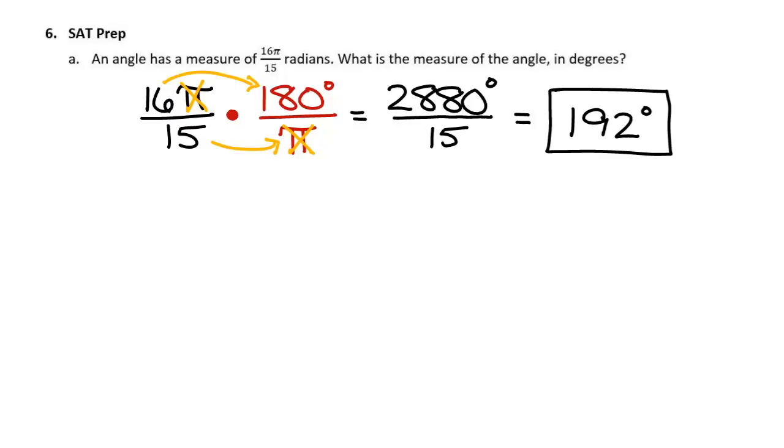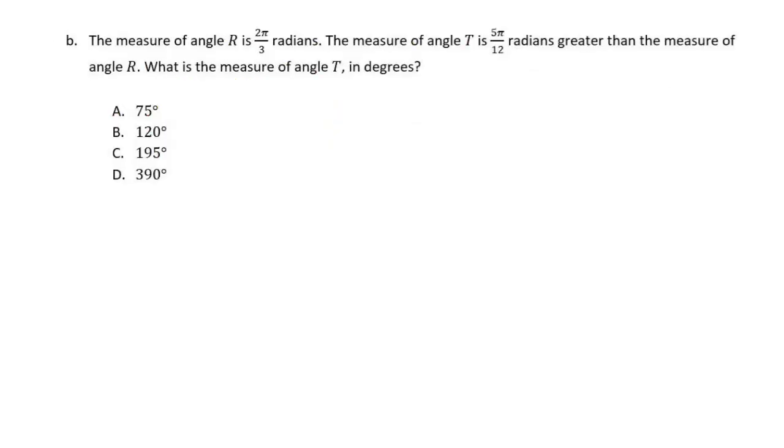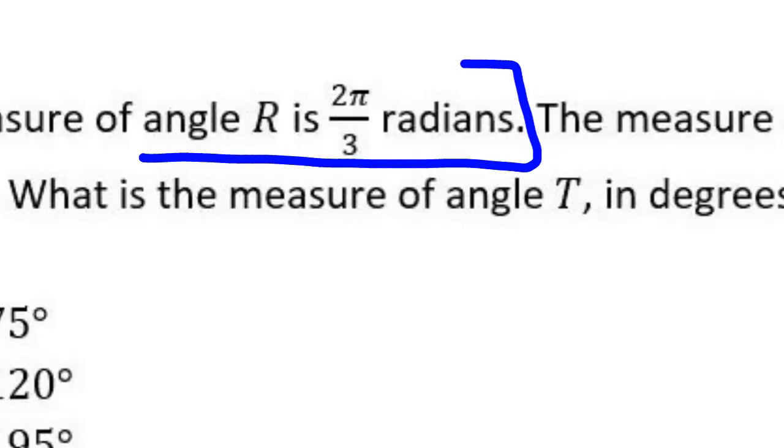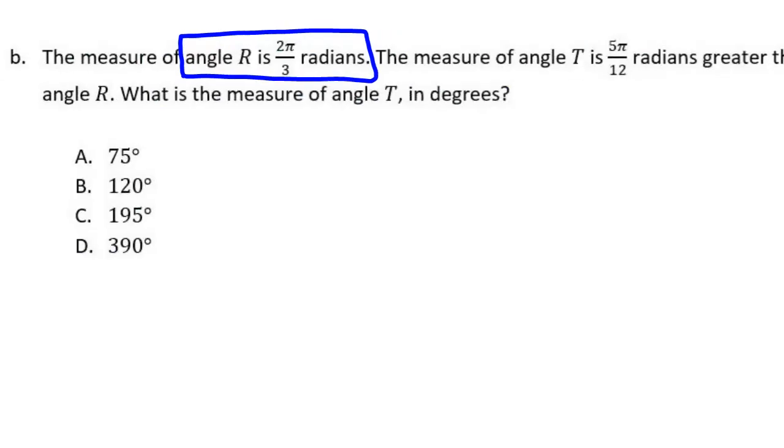All right. Let's go look at part B now. Part B, we're doing the same kind of thing, but with a little extra thrown in. It says the measurement of angle R is 2 pi over 3 radians.